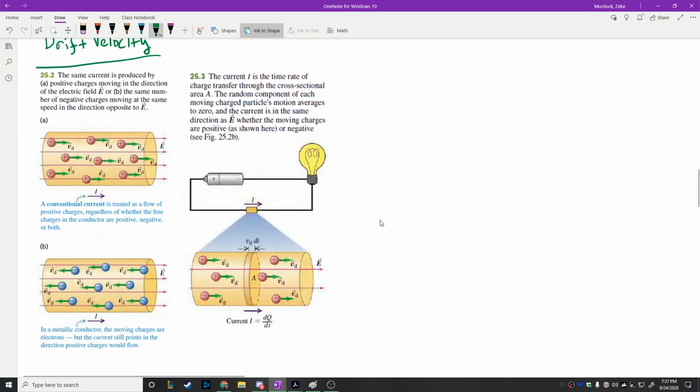All right. So what we're going to do is say that as these charges flow to the right, they are going to pass through this cross-sectional area here, A. All right. And our question is going to be how much charge crosses the area A in a time dt.